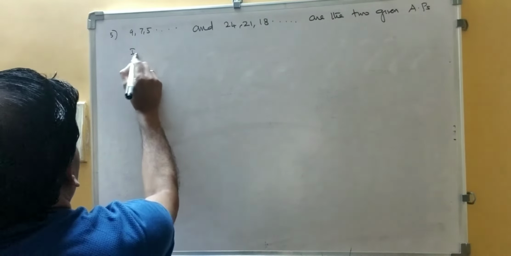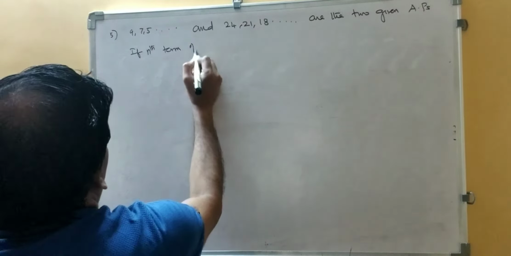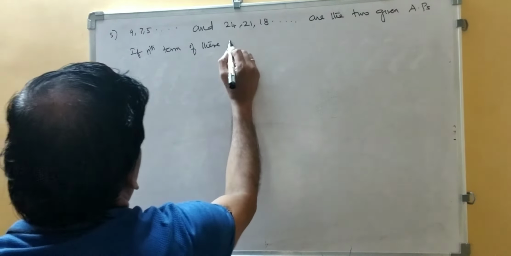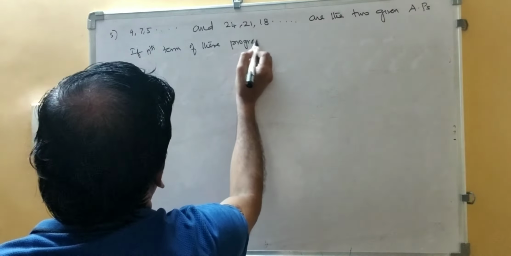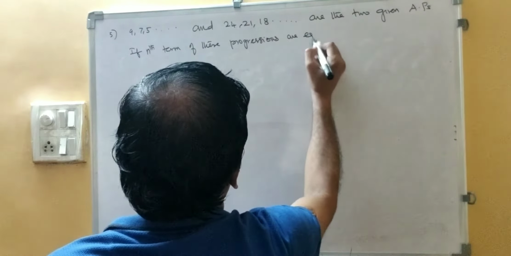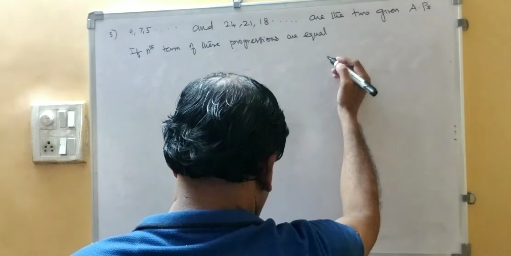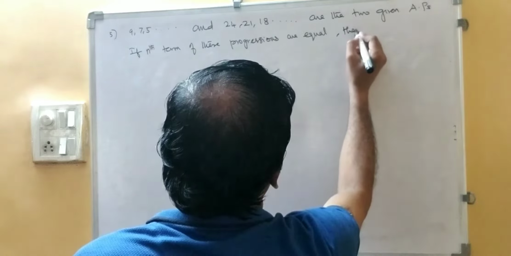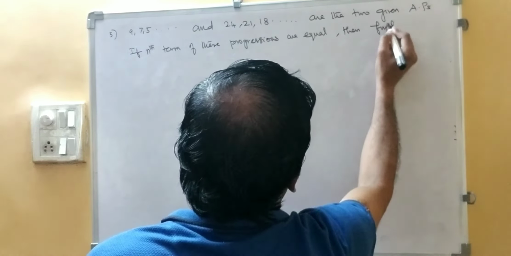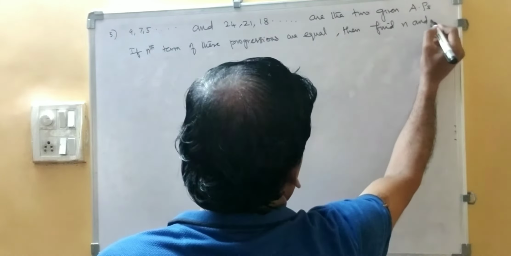Now, if the nth terms of these progressions are equal, then find n and the nth term.